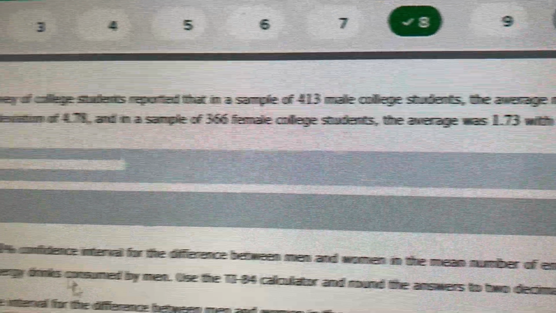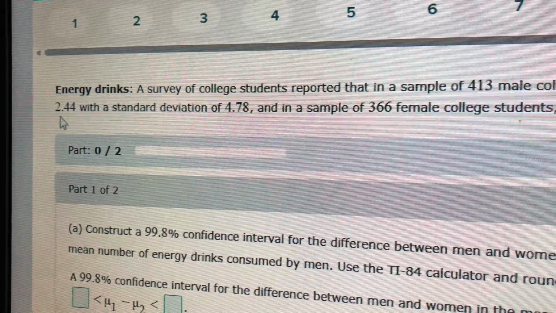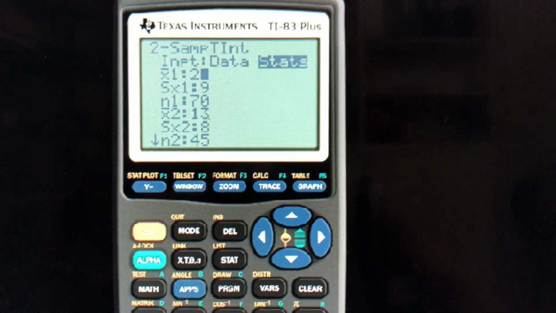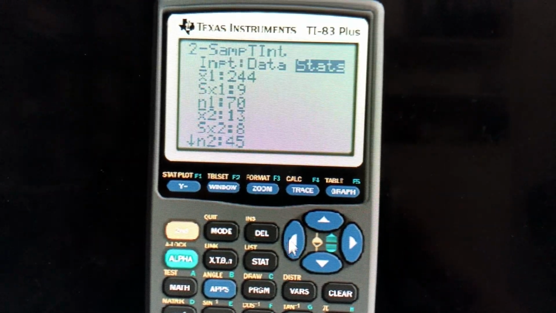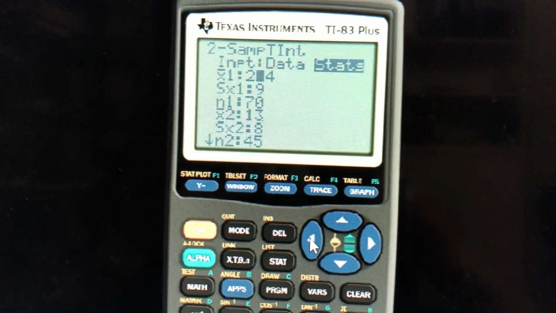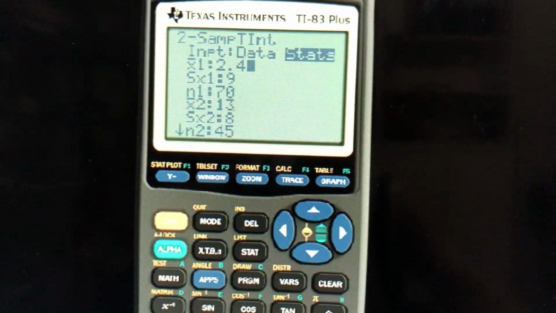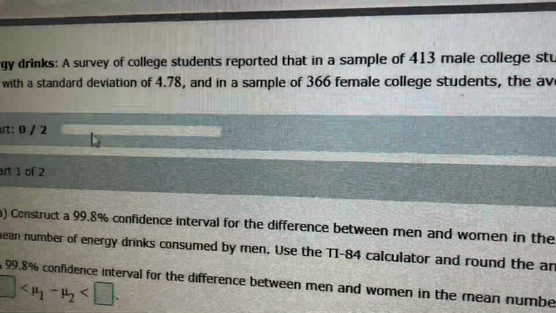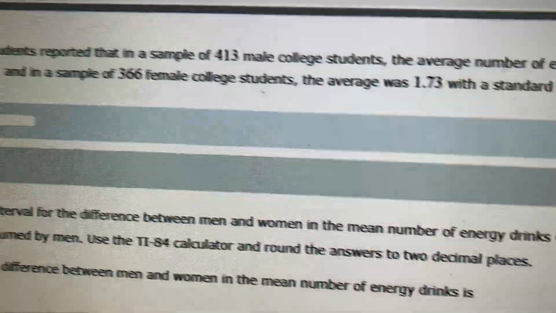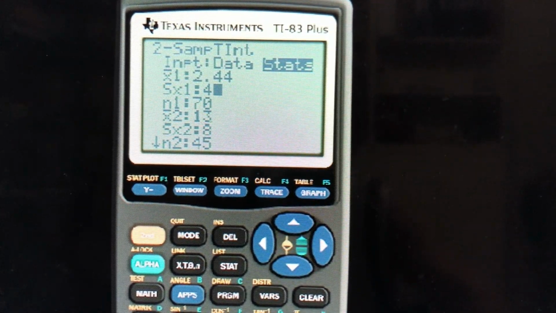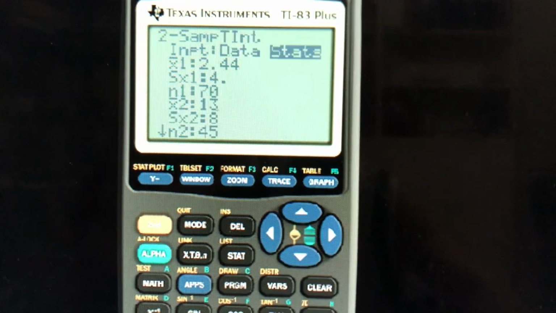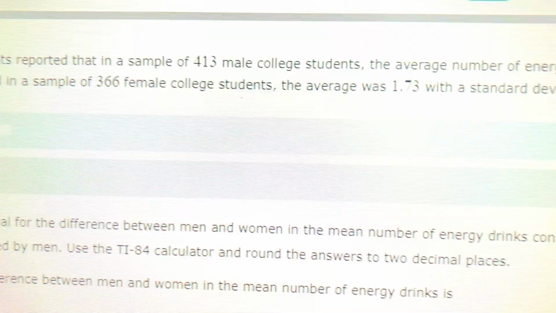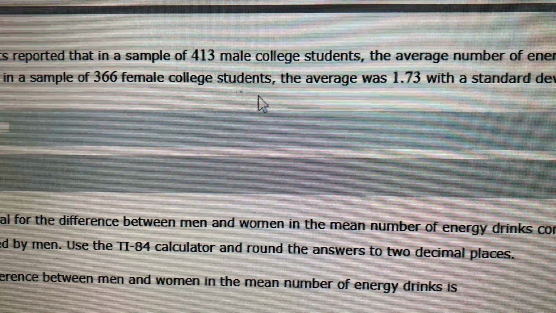The men's sample mean is 2.44, with a standard deviation of 4.78. That's S. There was a sample size of 413 males.